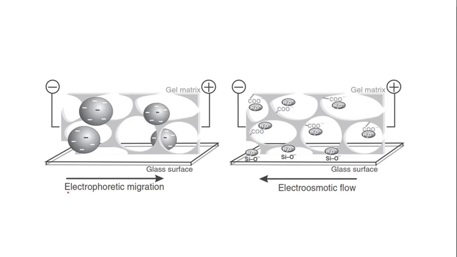This is a picture we can easily understand. There are two pictures here. One shows electrophoretic migration, which always takes place from cathode to anode.